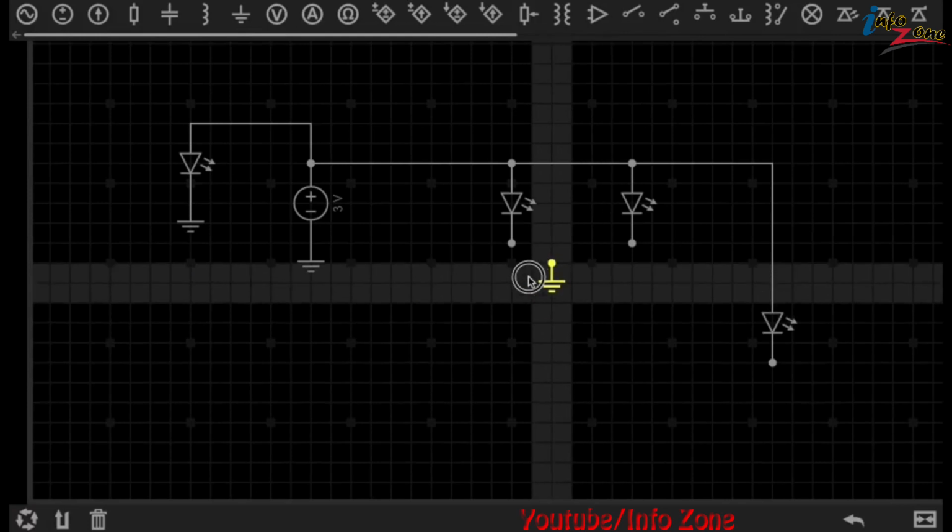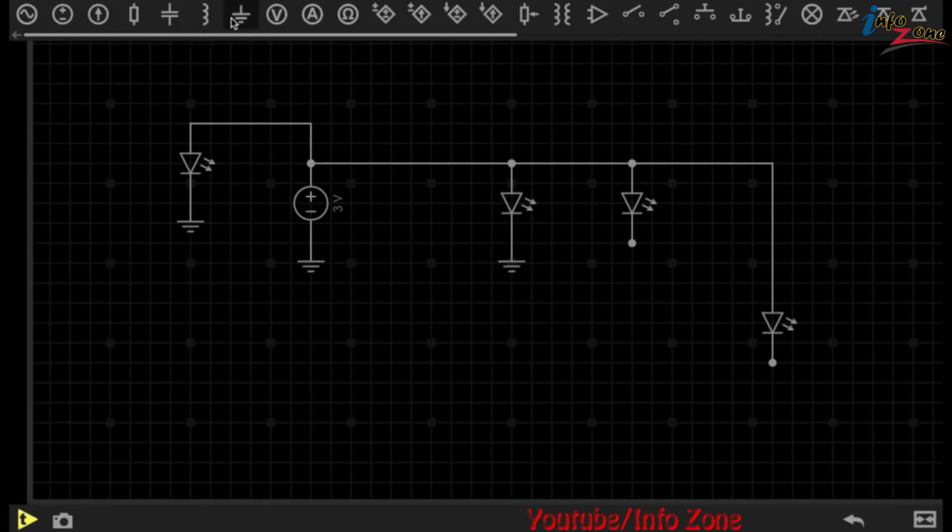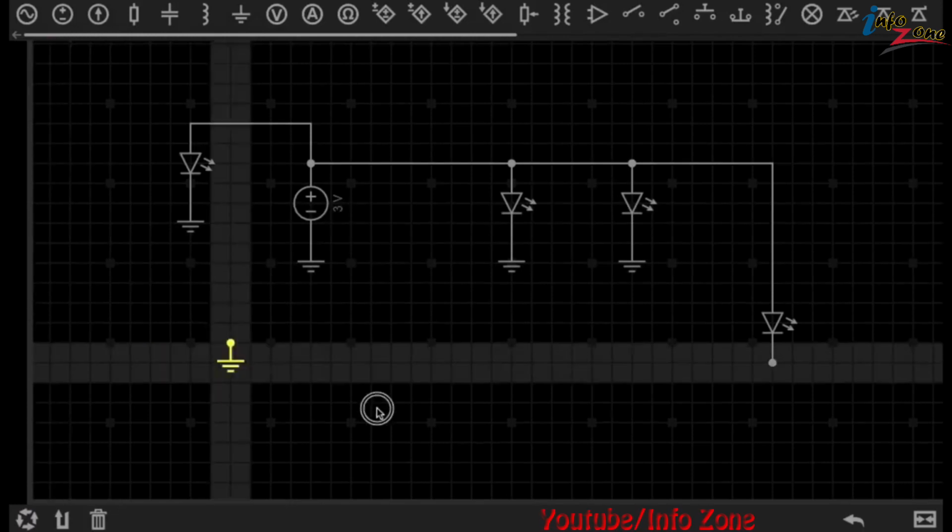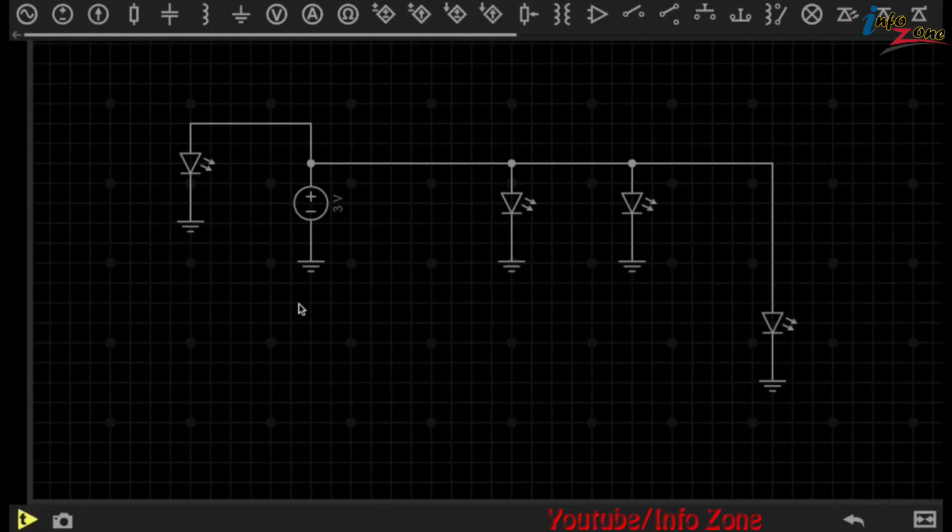We can actually just tell the circuit that the negative sides of all of these components are referenced to our ground point. The main ground point being here, and every other component with a ground symbol on the end. The circuit will then know that the negative side of all of these components will be referenced to the ground point here.